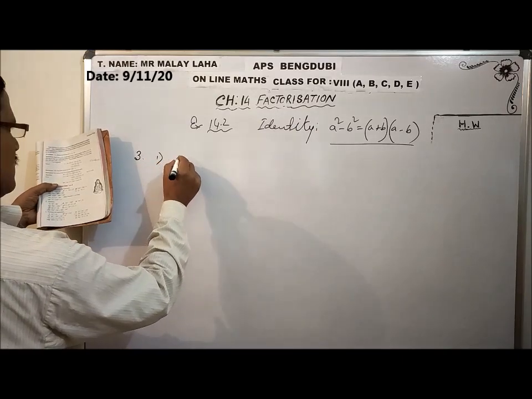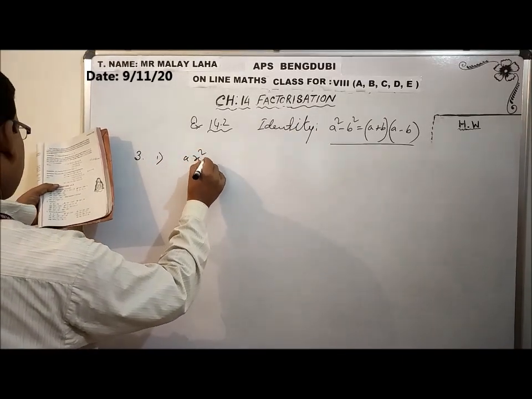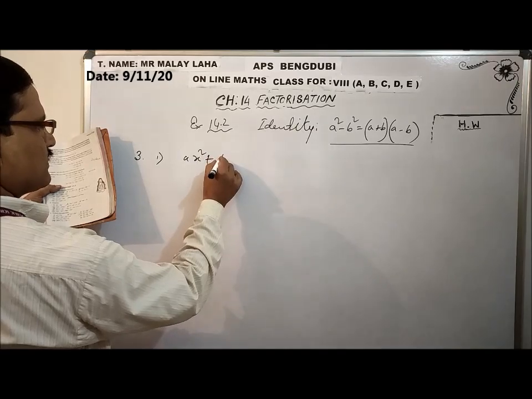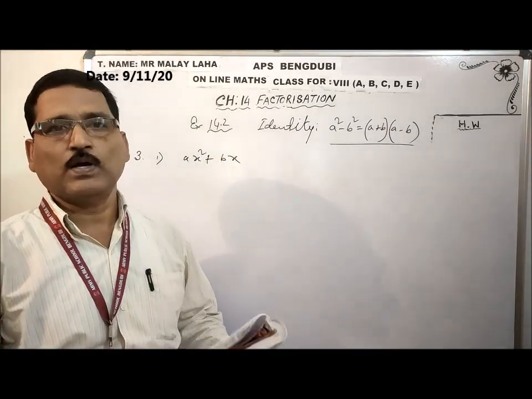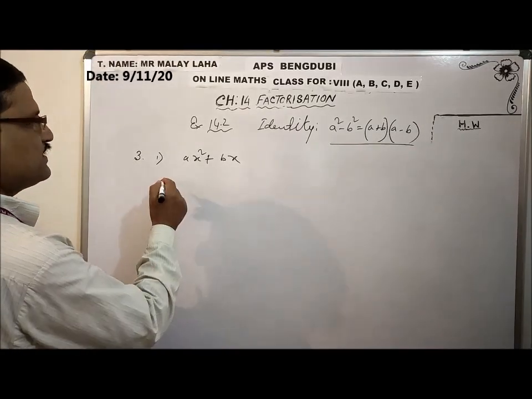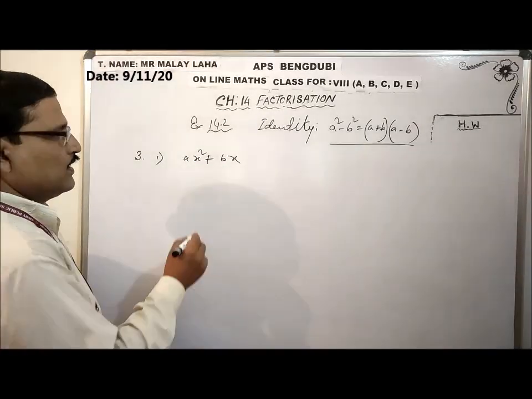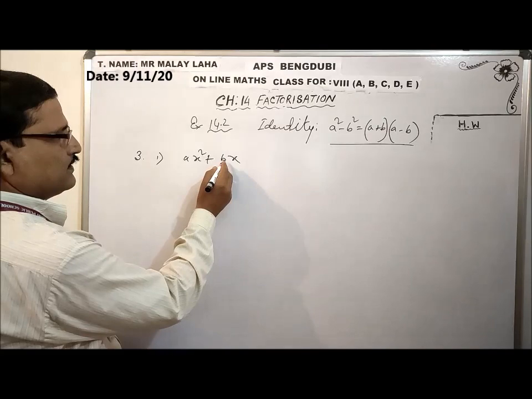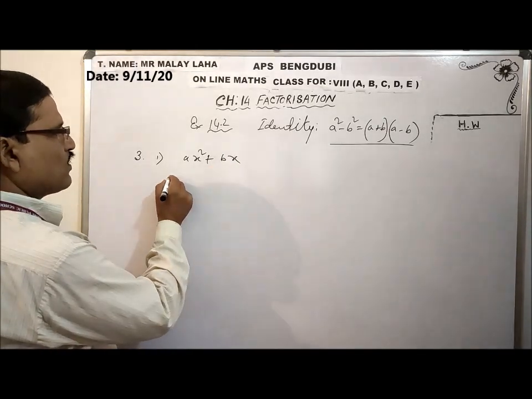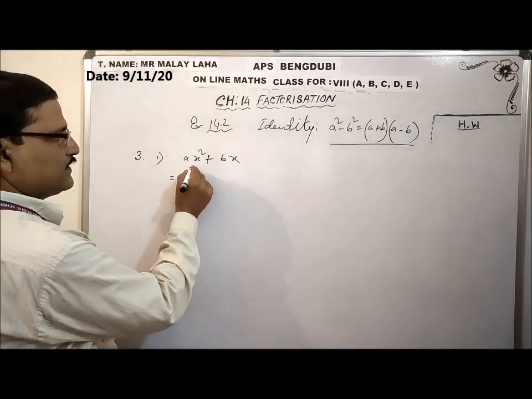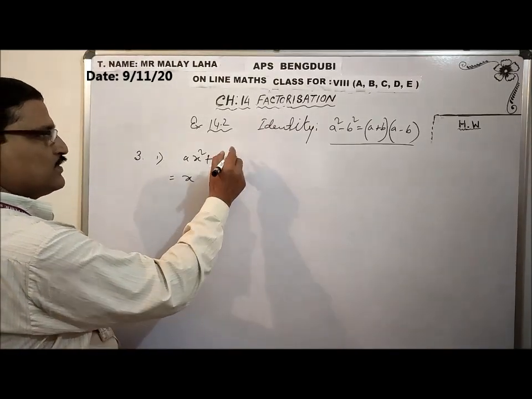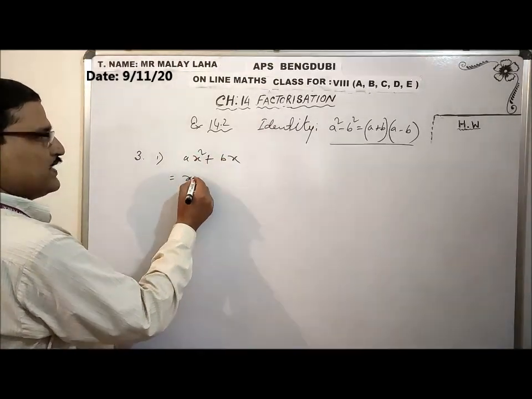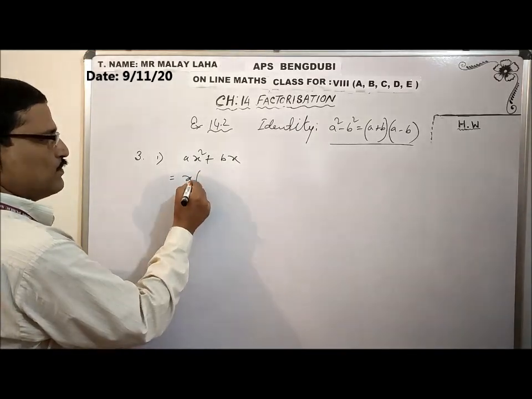Part 1, ax square plus bx. I told you this type of question I have solved in exercise 1. So very simple. What is the common factor of these two terms? Here ax square and here it is bx. The maximum common is x. How many x can I take common? Because it has only one x and it has two x, the maximum will be one x common.